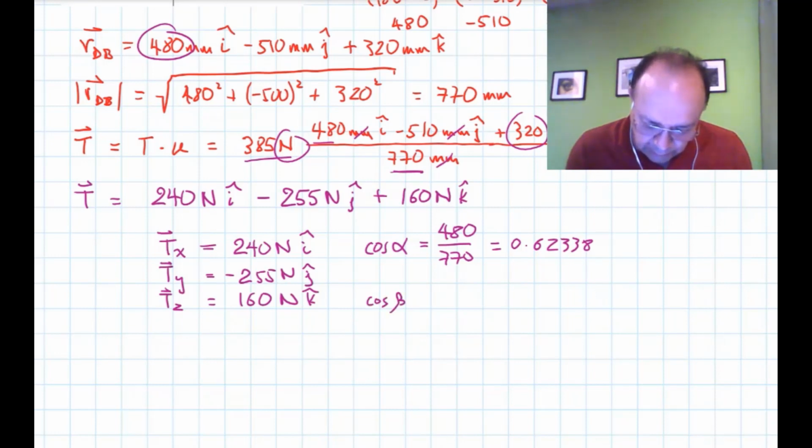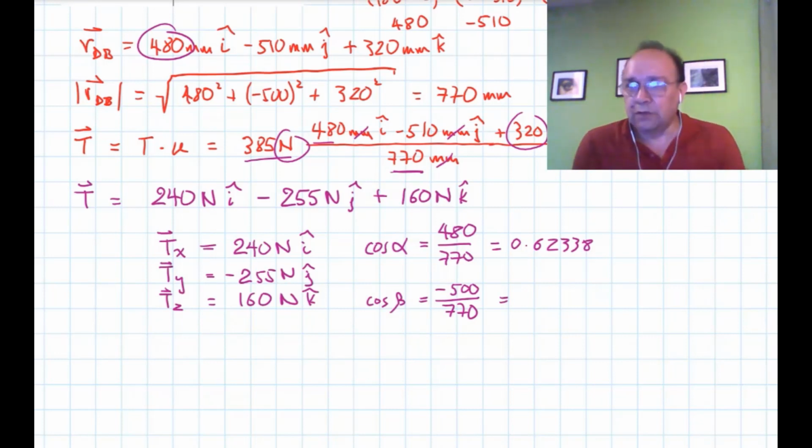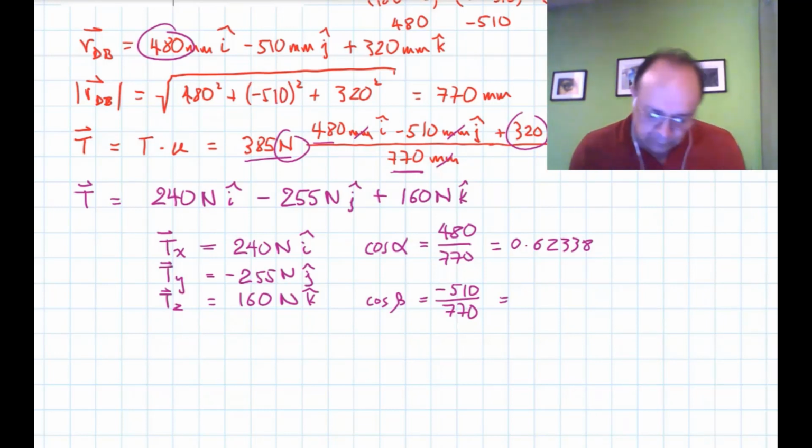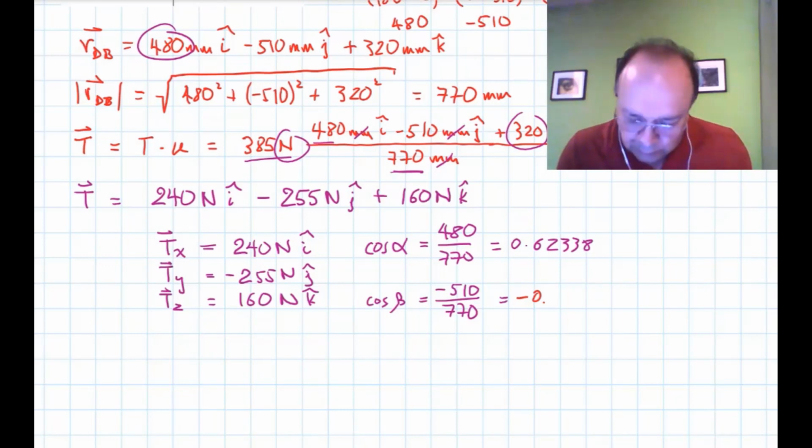Cosine of beta equals minus 500 divided by 770, I said 500, so this is a mistake here. This is actually 510. So we have minus 510 divided by 770, which is minus 0.66233662334.